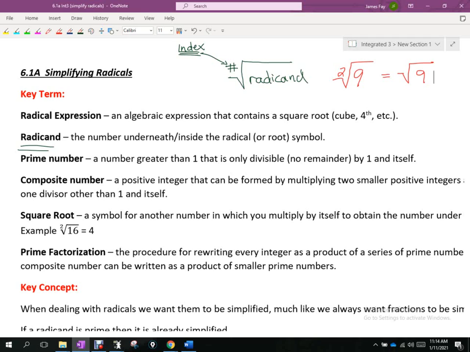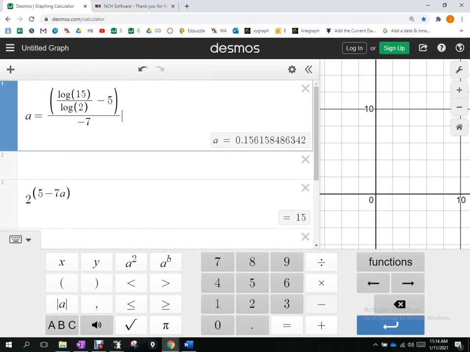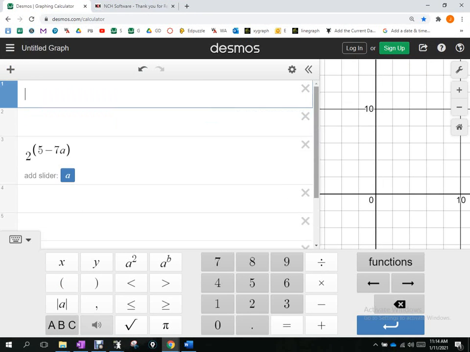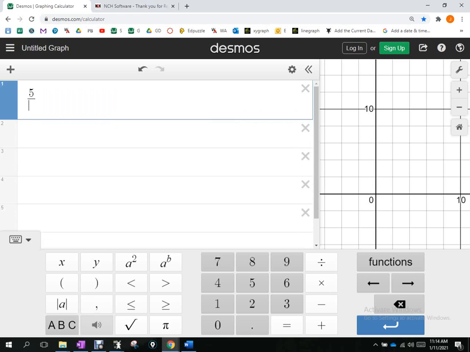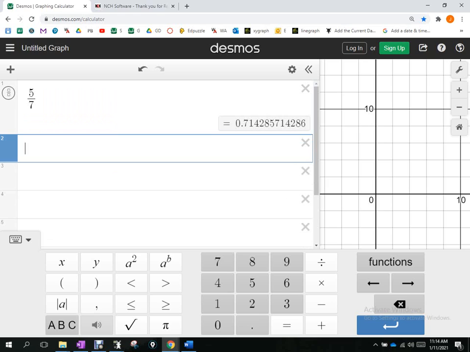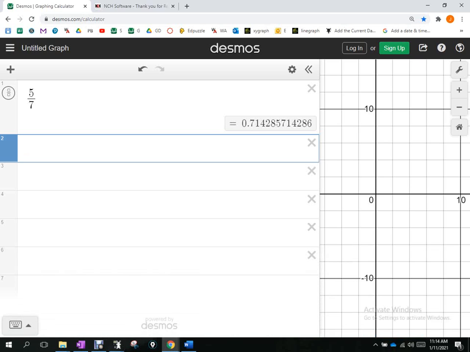Okay? Now you could take any two things and divide them, right? So I could take 5 and divide it by 7, right? But because I have essentially a remainder here of 0.714, we do not say that 5 is divisible by 7.